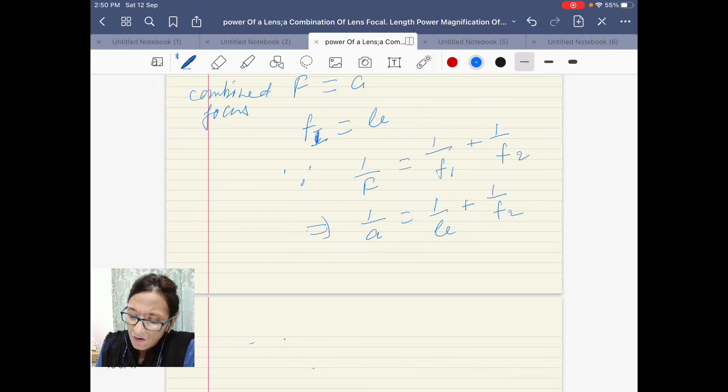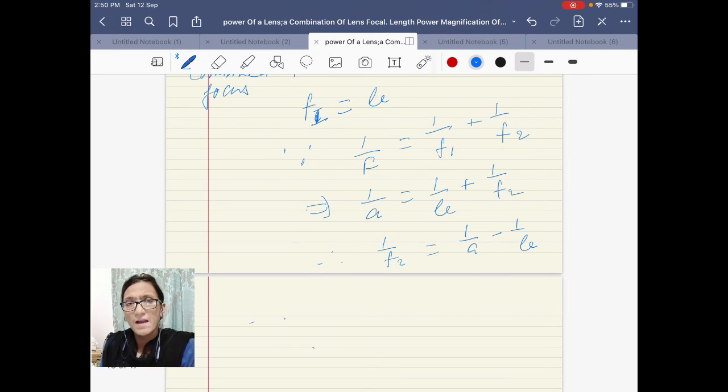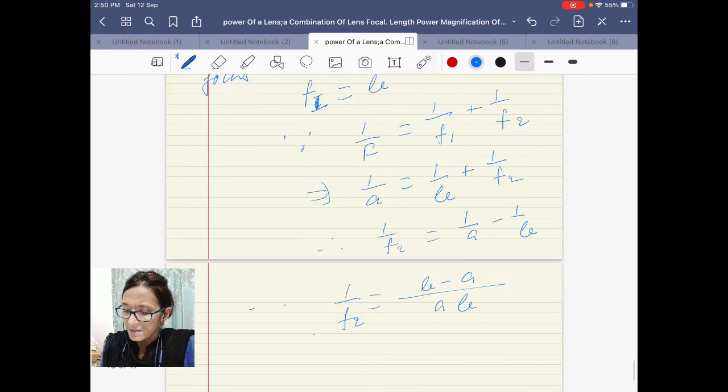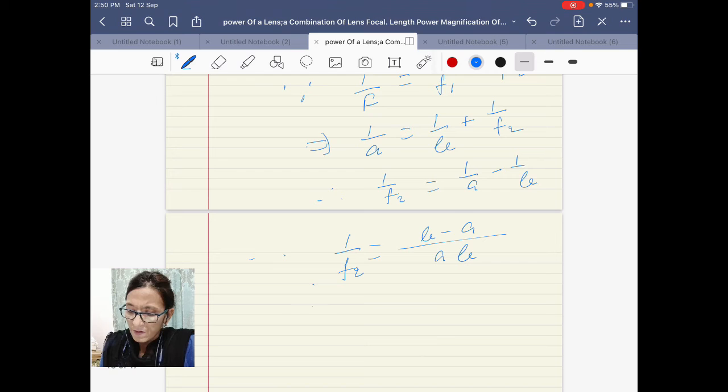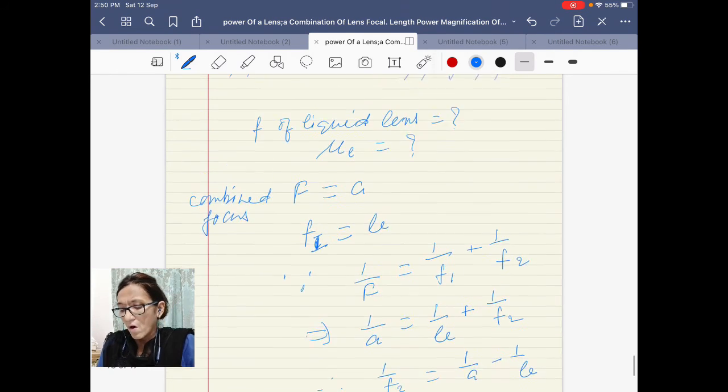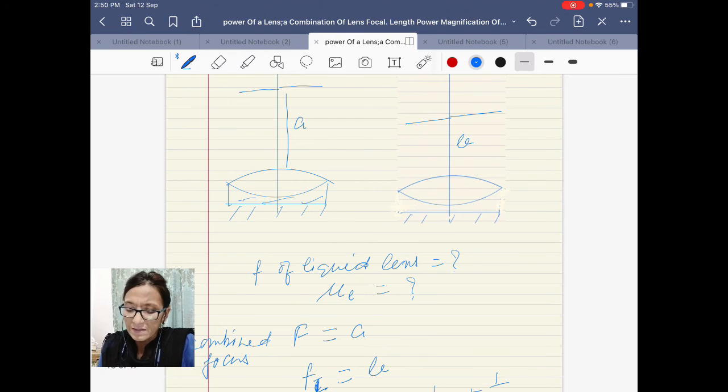So from here you can find F2. Therefore 1 upon F2 is equal to 1 by A minus 1 by B. And therefore we should take the LCM of A and B. So it comes AB and B minus A. And therefore F2 is equal to AB divided by B minus A. So this is the focal length of your liquid lens.